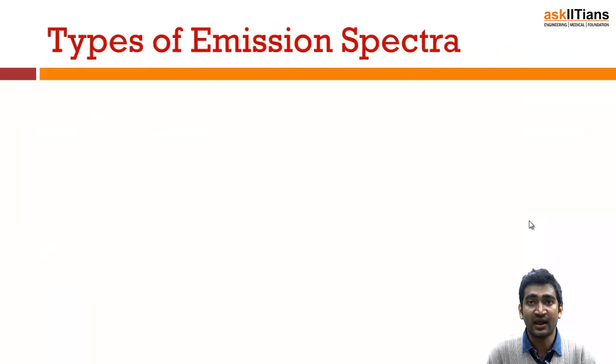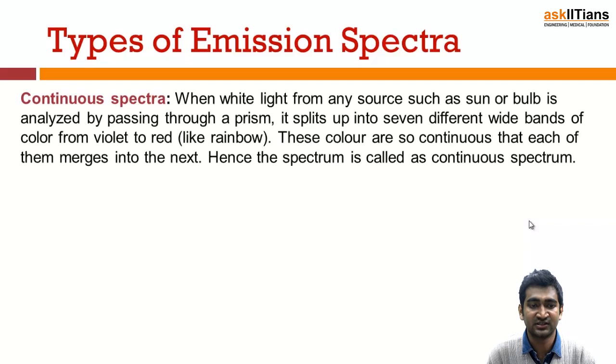Now what are the types of emission spectrum? Let's discuss. The first is continuous, which means you will see continuous lines adjacent to each other, sideways.